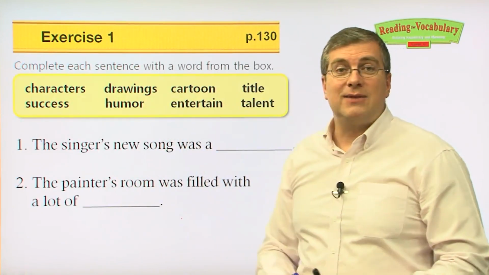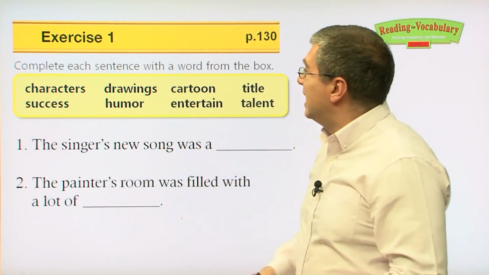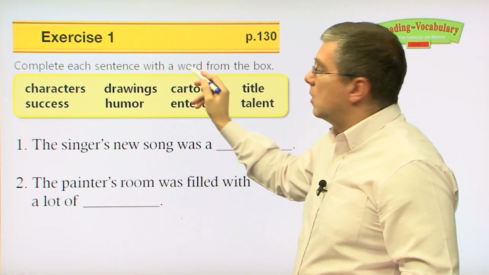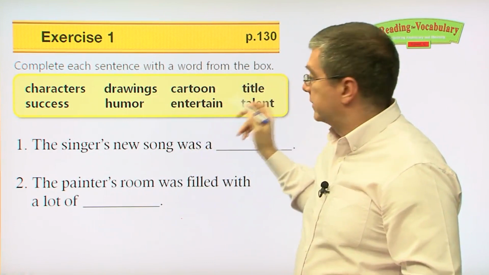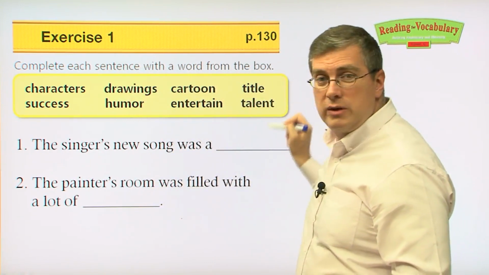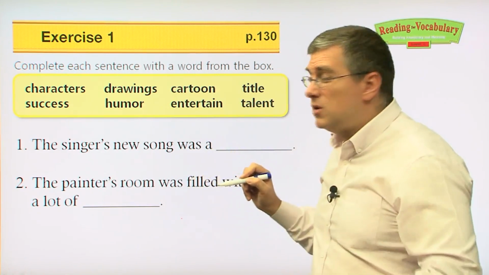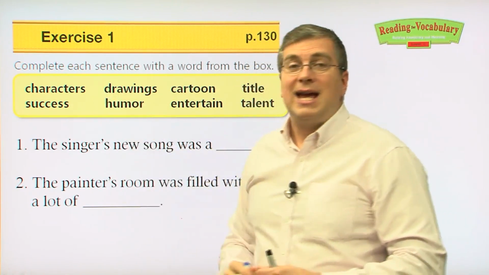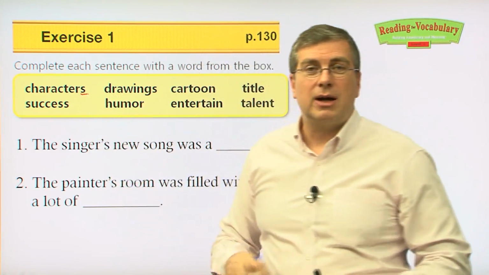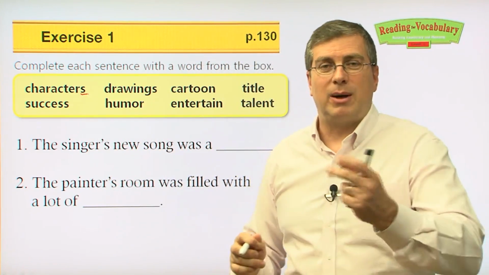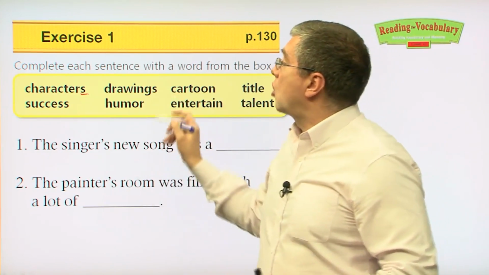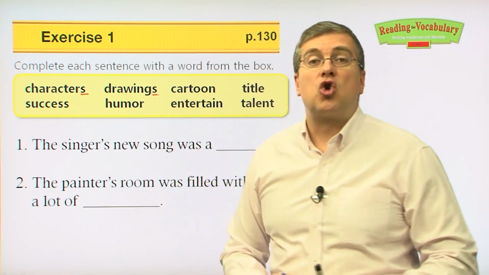Let's take a look at the vocabulary exercises. In this case, we must complete each sentence with a word from the box. These are our sentences here. We have 8 words, 8 sentences. Let's review the words. First is characters. Note it's plural. Character, characters. Next is drawing, and again it's plural.